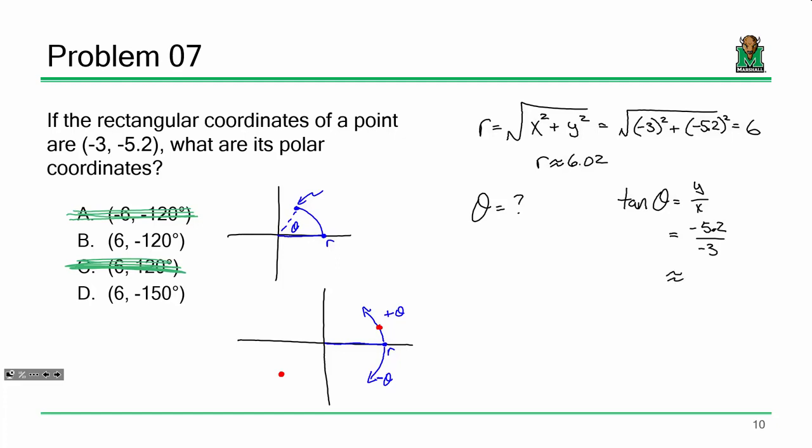Ends up being about 1.73. So if the tangent of theta is 1.73, how are we going to get theta? There we go. And that comes out to about 60 degrees.